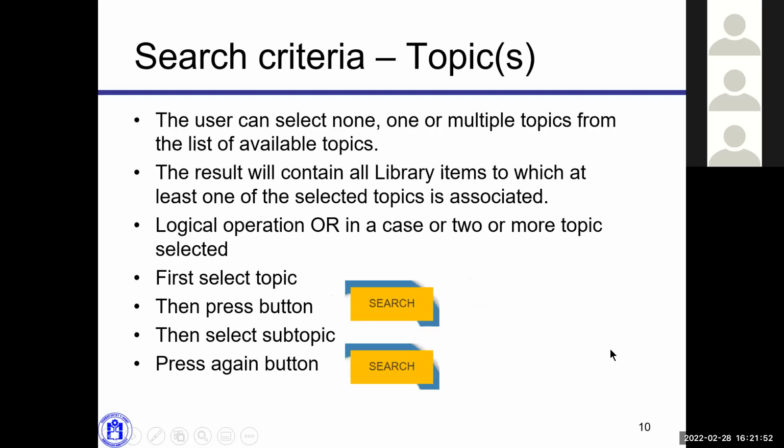Another search criterion is a topic or topics. The user can select none, one, or multiple topics from the list of available topics. The result will contain all library items to which at least one of the selected topics is associated.